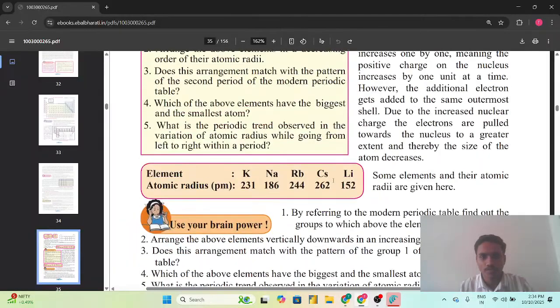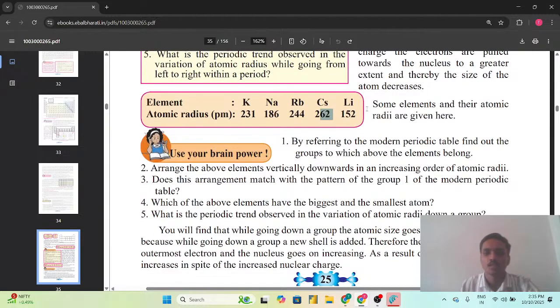So we can see here the atomic radius: लिथियम का 152, सोडियम का 186, पोटेशियम का 231, रुबिडियम का 244, सीजियम का 266. So we can see that the atomic radius goes on increasing while moving down the group of the periodic table. So some elements and their atomic radii are given here.